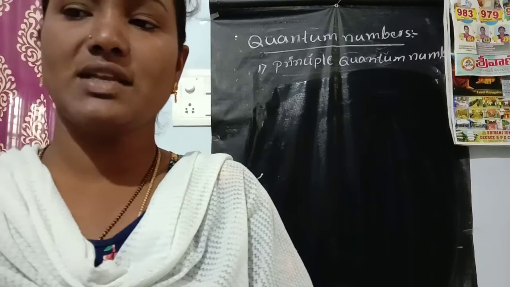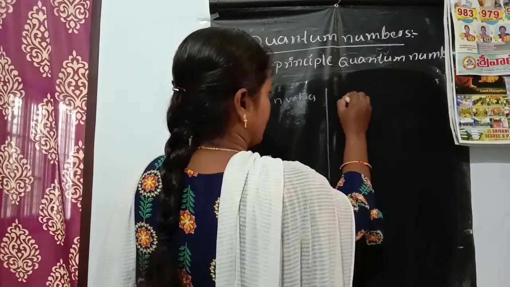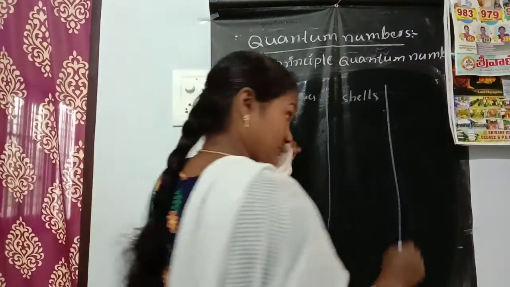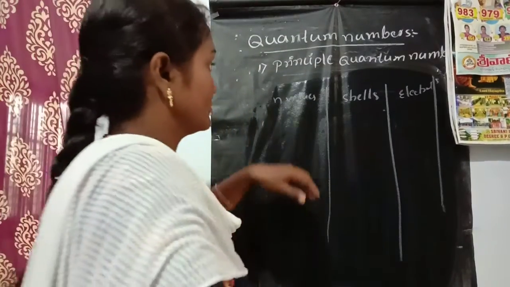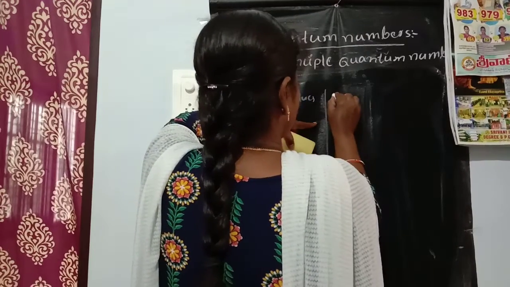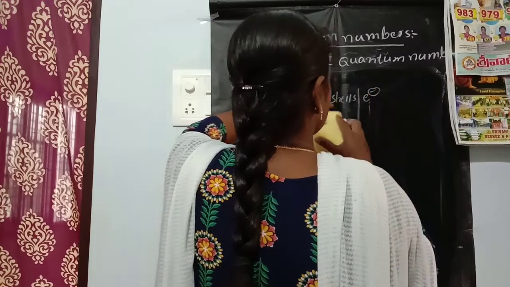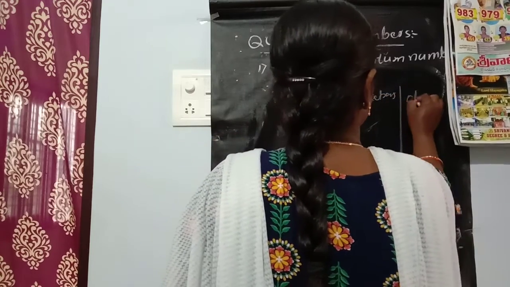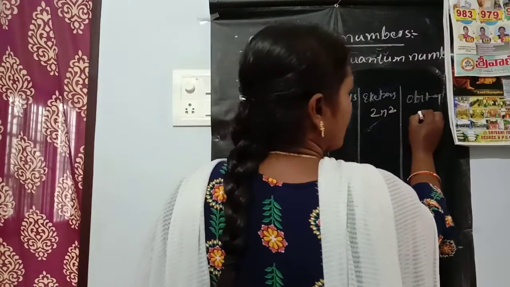The columns are n values, shells, number of electrons, and orbitals.